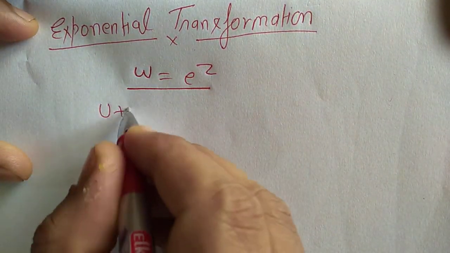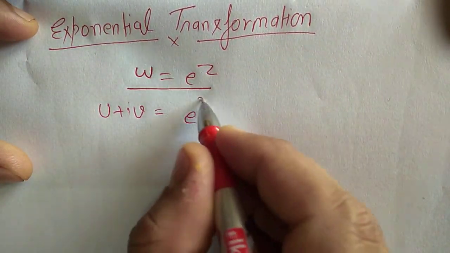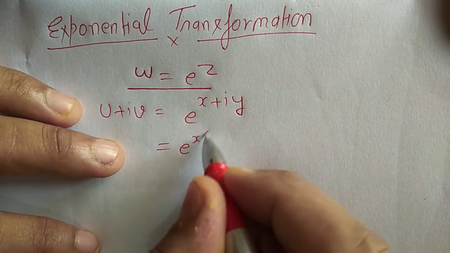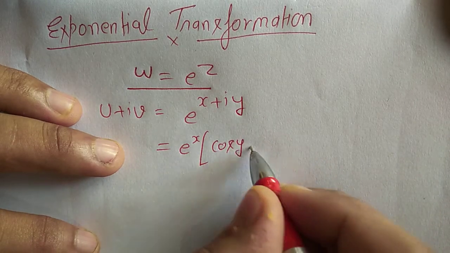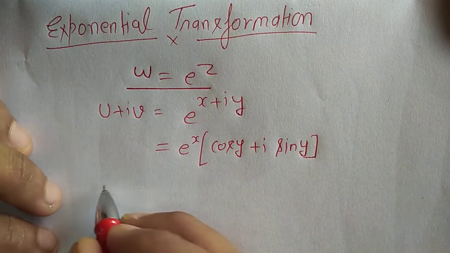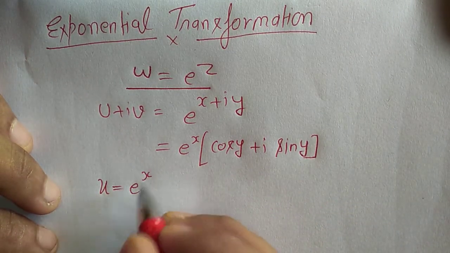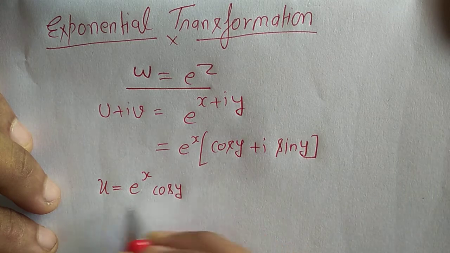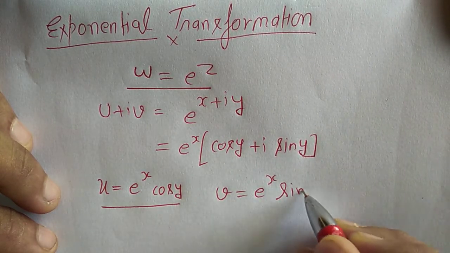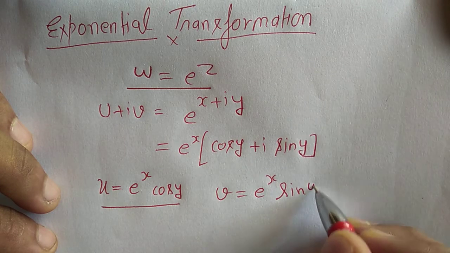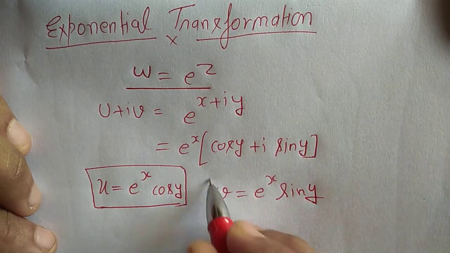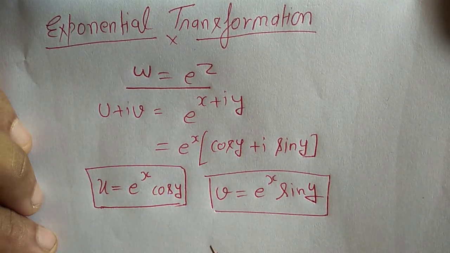So u plus iv equal to e power x plus iy, which we can write as e power x into cos y plus i sin y. So now u equal to e power x cos y and v equal to e power x sin y. This is the relation between x, y and u, v.